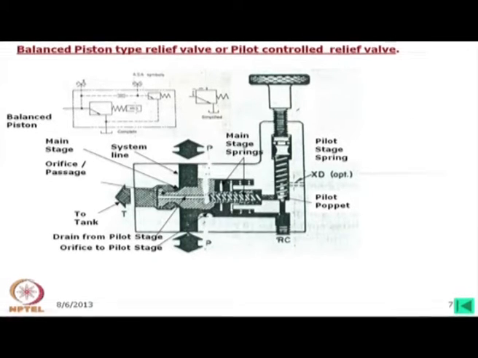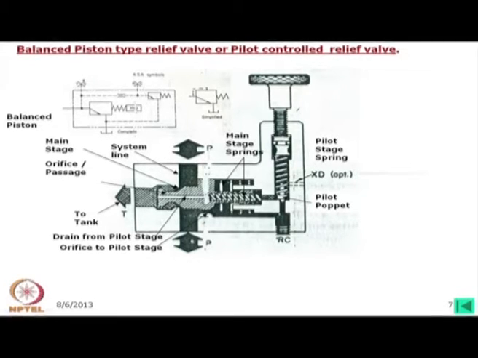So, this is the flow path. Usually you will find the body of this valve has one port here and another port here, which are normally threaded, and you can connect one pipe here and another pipe here, which is directly connected to the system line.